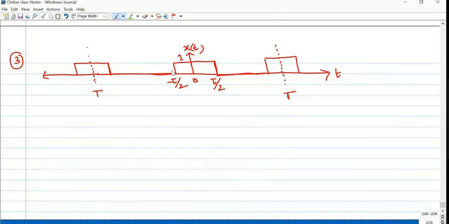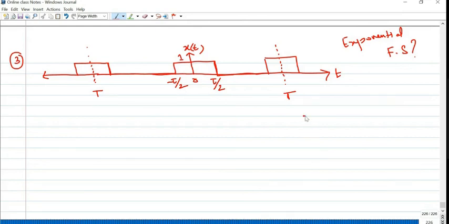So what is the fundamental time period for this problem? Find the exponential Fourier series coefficient. So what is the fundamental time period?